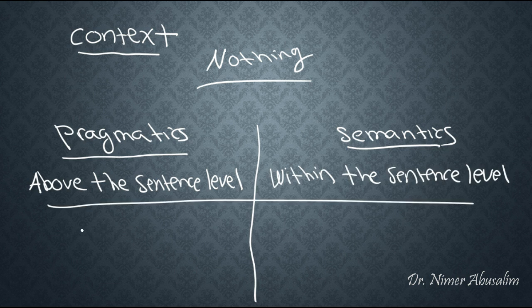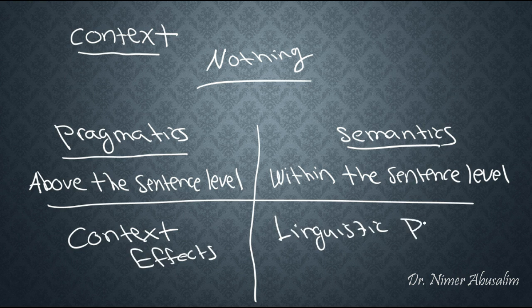The other difference is that pragmatics is concerned with context and contextualized effects, while semantics is linguistic proper, meaning that it only is concerned with actual linguistic knowledge, let's say.